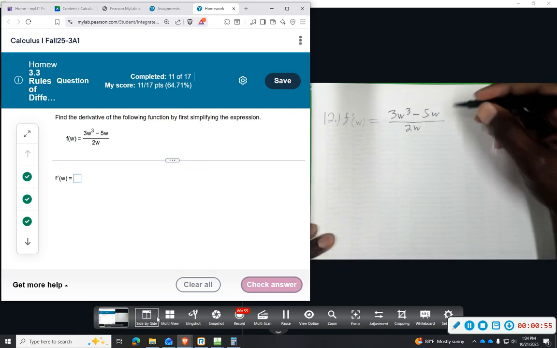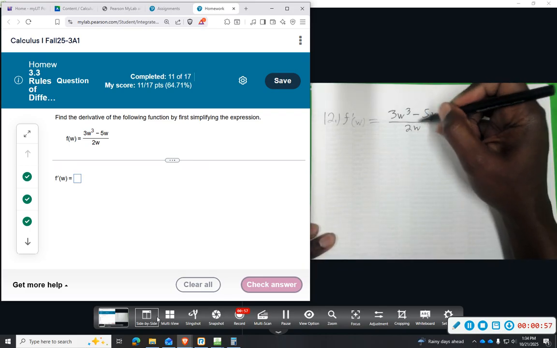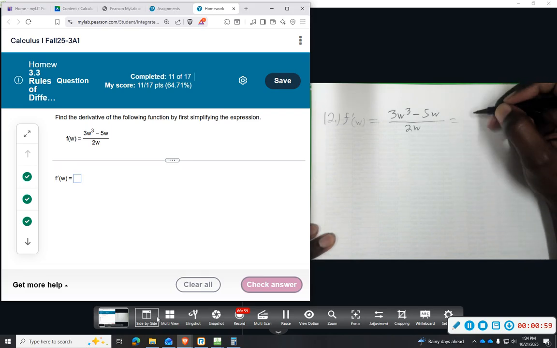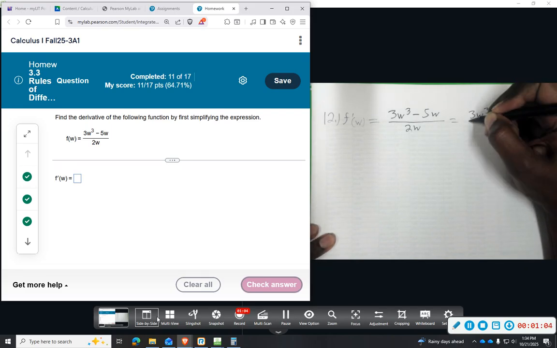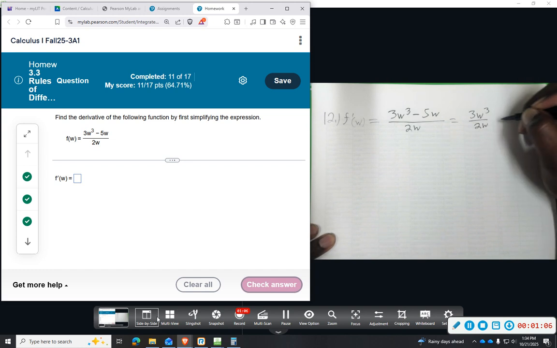Okay, so we'll rewrite this. Dividing by 2w means we're dividing each term by 2w, so we'll write 3w to the third over 2w minus 5w over 2w.